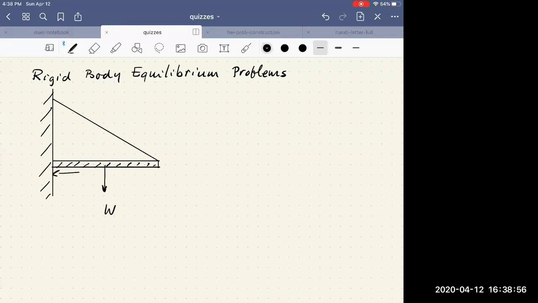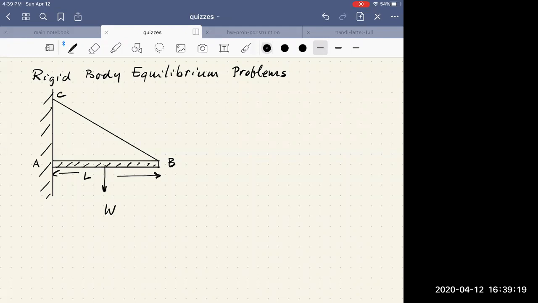Let's say the length of this is L. The exact value of L is not very important right now. And let's say we find it meaningful to have some kind of a string. Let's give it some, well, maybe call this point A, call this point B, and call this point C.